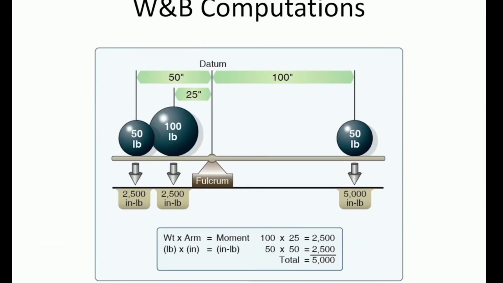Okay, so now we're looking at this as an example to understand how balance works. To establish balance, a total of 5,000 inch-pounds must be applied to the other end of the board.